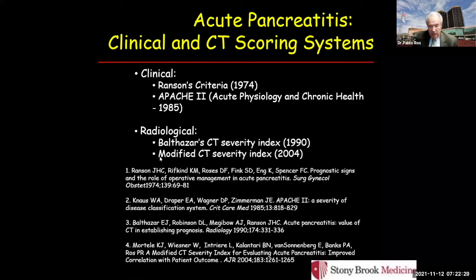I was privileged to participate in this group at the Brigham and Women's Hospital, where I used to work. We put together a modified CT severity index I'm going to share. They have, at this point, the severity index. You don't stage pancreatitis at this point, but in some hands, particularly depending upon what the clinicians want, the radiologists are asked to provide a CT severity index.